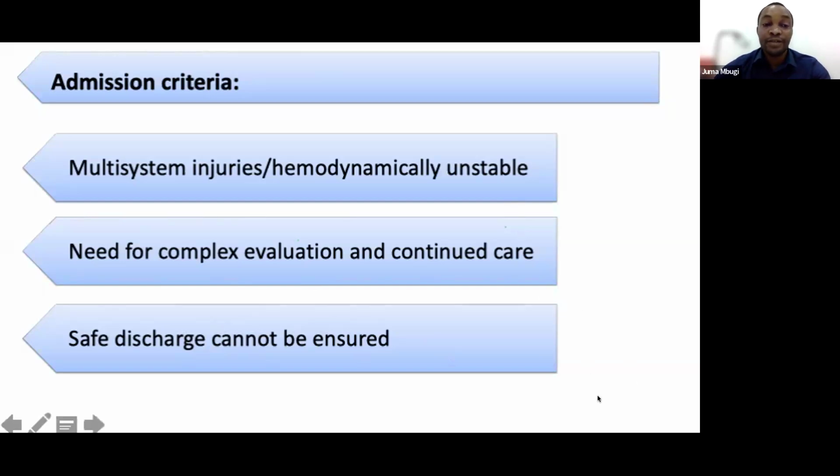You also need to admit patients for whom safe discharge cannot be ensured. Some patients may come with non-accidental injuries which are not life-threatening, but yet you need to admit them because you are unsure of the destination safety.